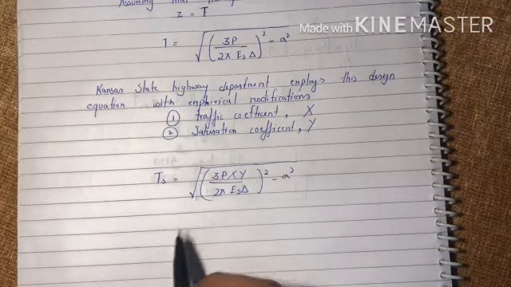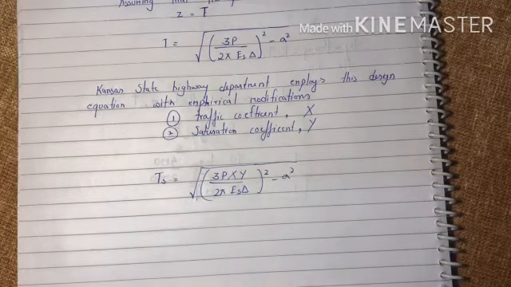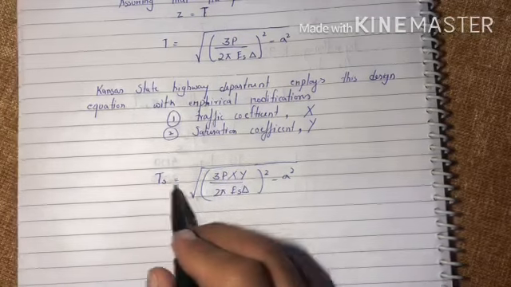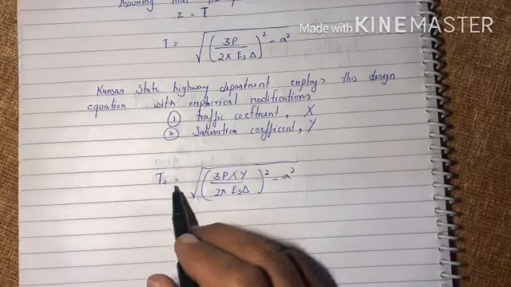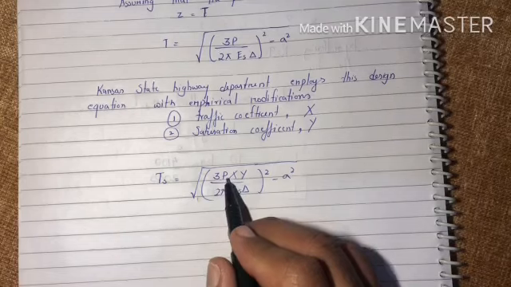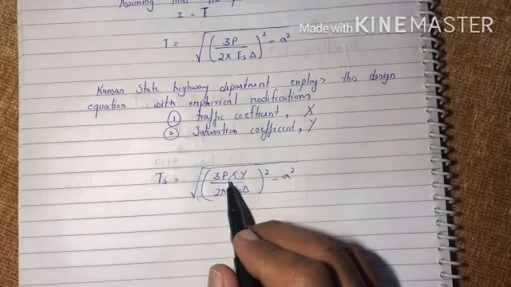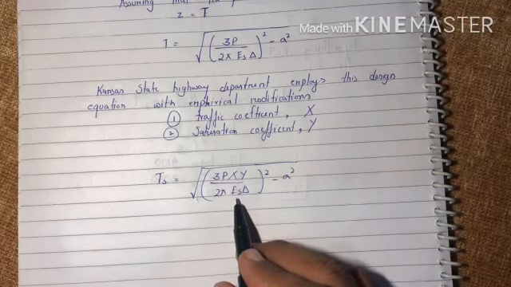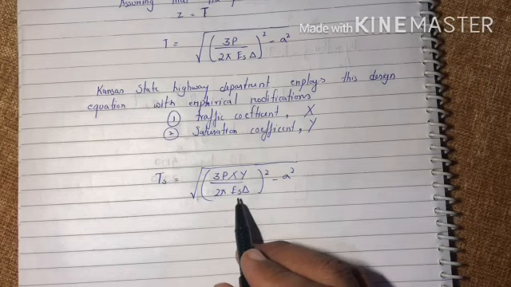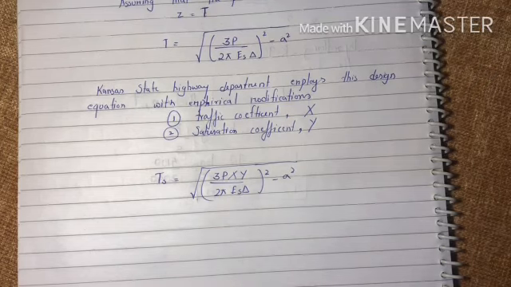Here Ts stands for pavement thickness in centimeter, and capital P stands for wheel load in kg. As I told, Es stands for modulus of elasticity of subgrade from triaxial test results, in kg per centimeter square.